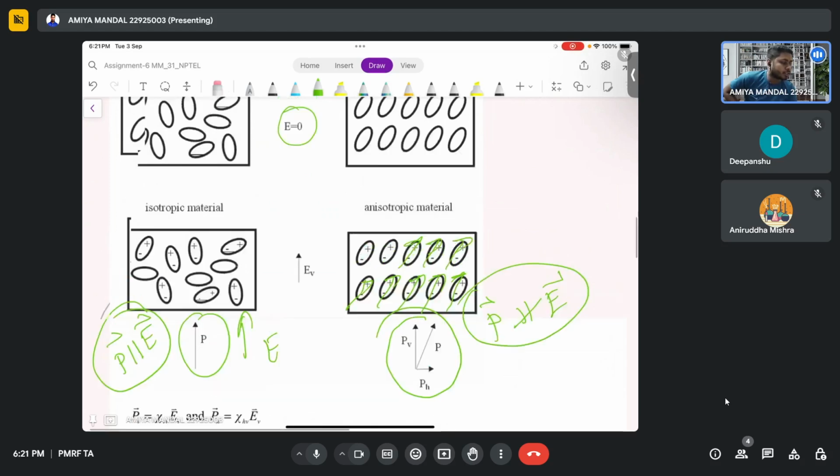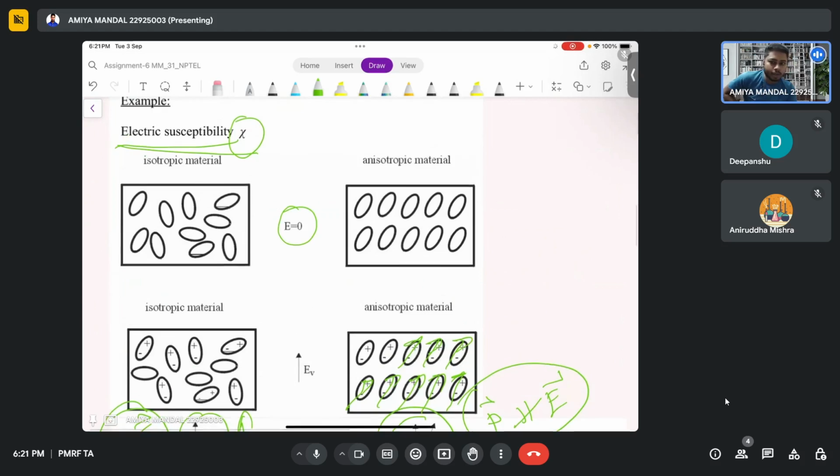So this is the case of anisotropic. Isotropic and anisotropic materials are divided on the basis of the parallel and non-parallel arrangement of P and E.